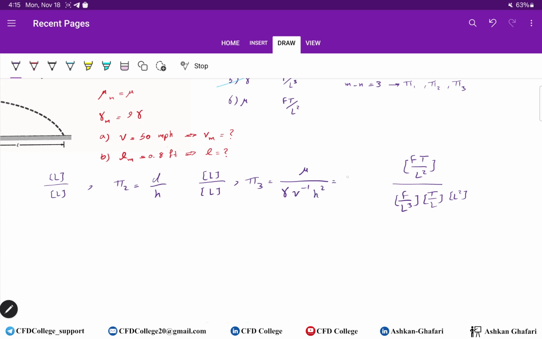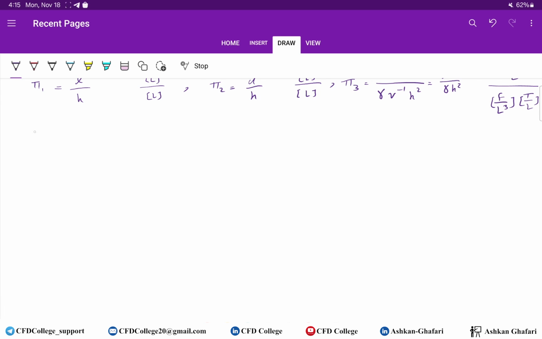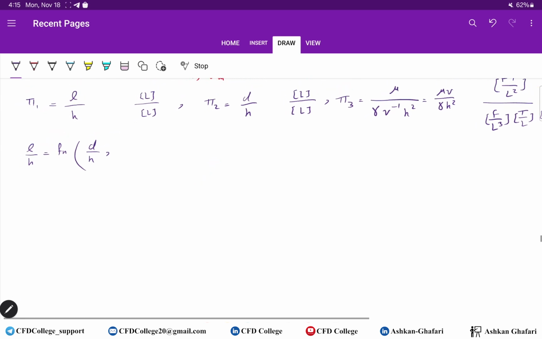So pi 3 is mu V over gamma H to the power 2. Now we have our three dimensionless groups. So L over H is a function of diameter over H and mu V over gamma H square.